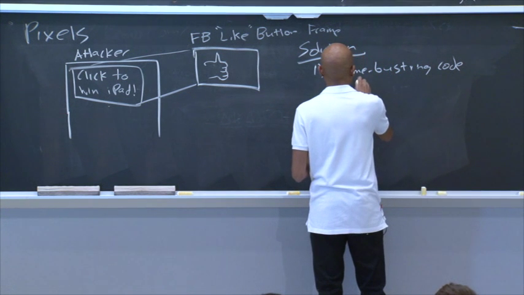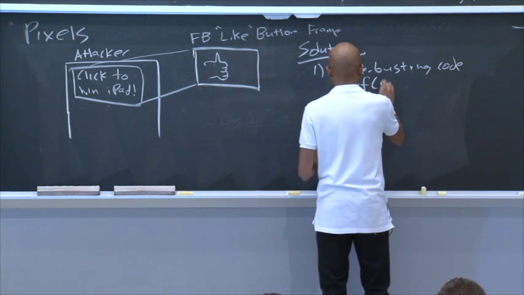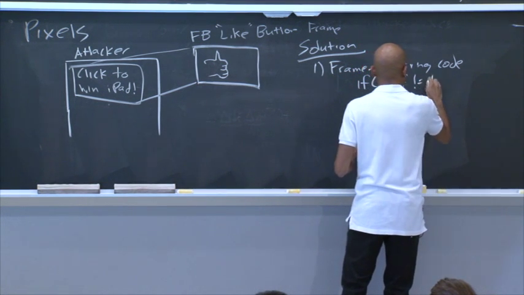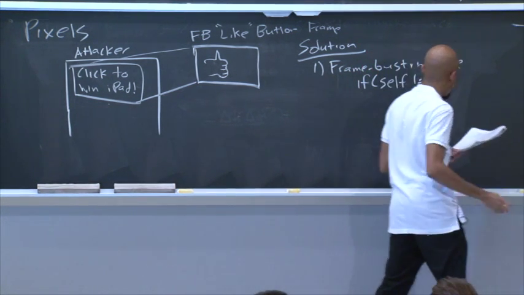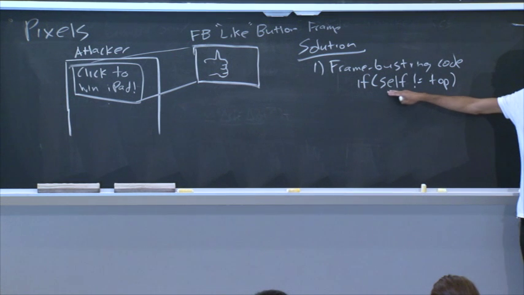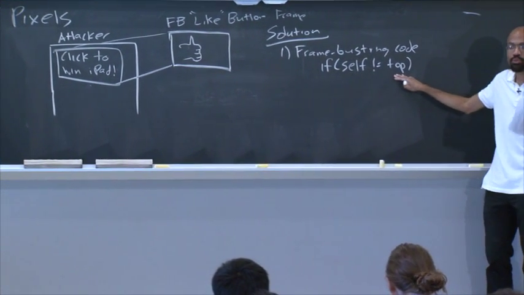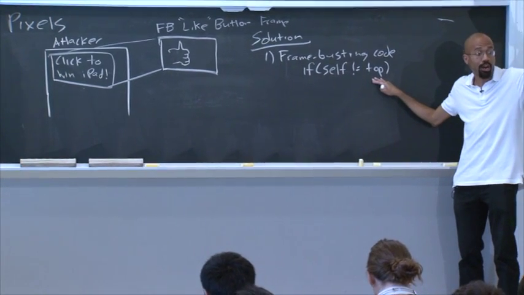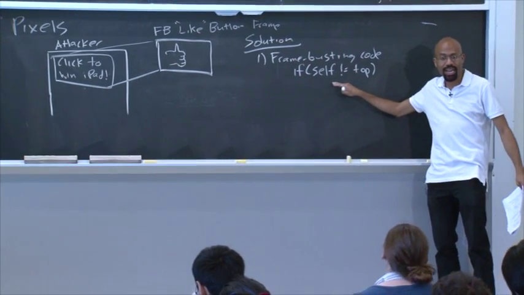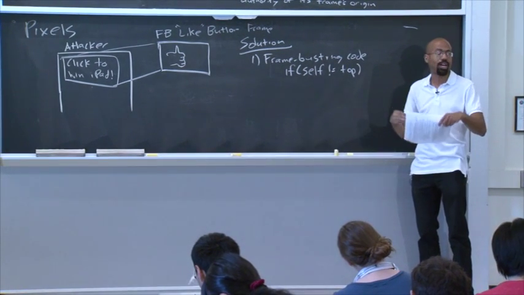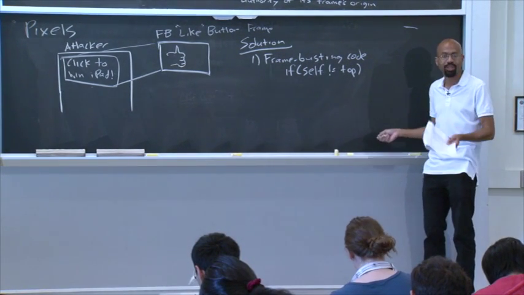One of these tests is you compare the reference self to top. In the JavaScript world, self refers to the frame that you yourself are in. Top refers to the frame at the top of the frame hierarchy, right? So if you find out that self is not equal to top, then you realize that you are a child frame, and then you can refuse to load or do things like this.